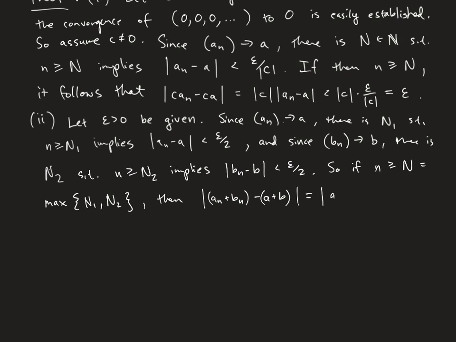So this is An minus A plus Bn minus B. That's less than or equal to the sum of the absolute values. And that is less than, the first one's less than epsilon over 2, and the second one is less than epsilon over 2, which is equal to epsilon. And so there, we're done.